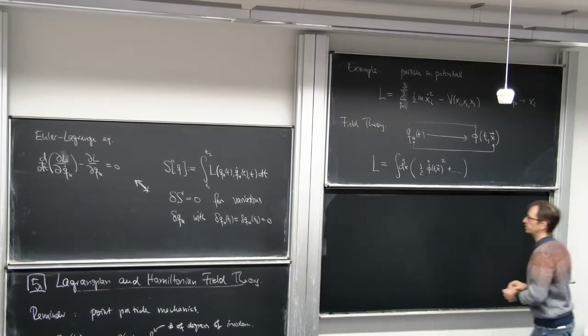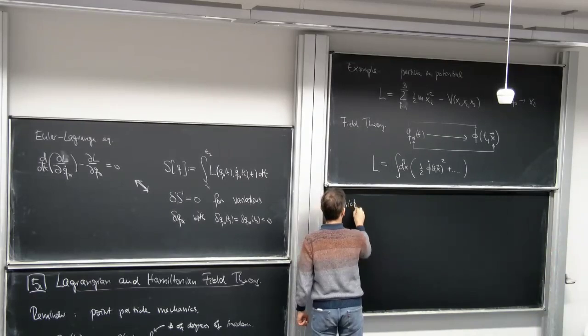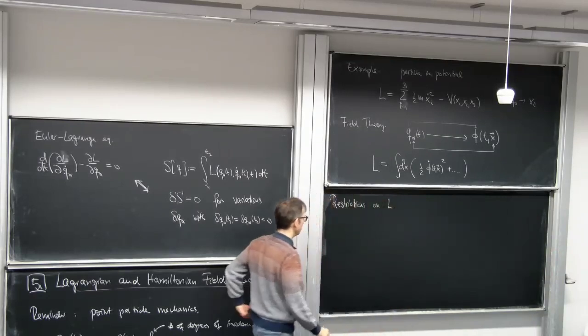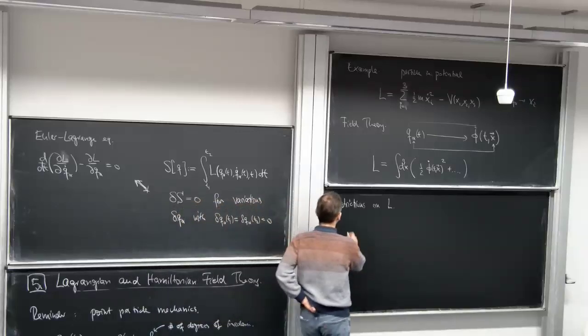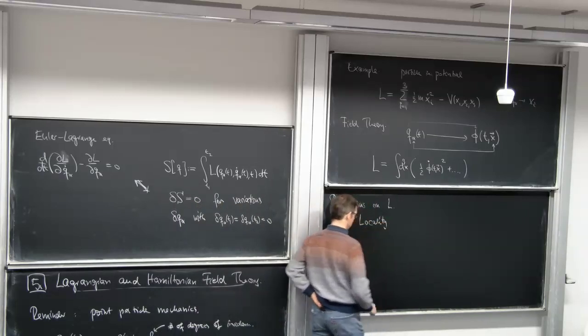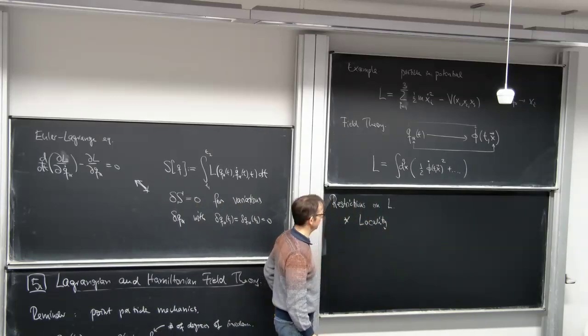I want some restrictions on the L that I give myself. For example, I want locality. That's how we start. What does that mean?